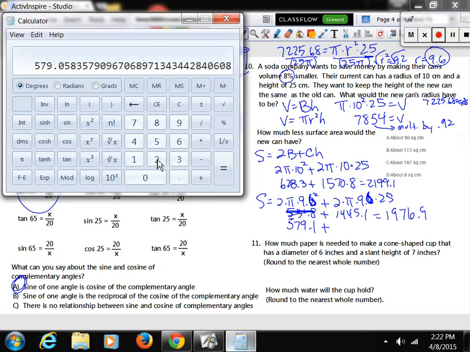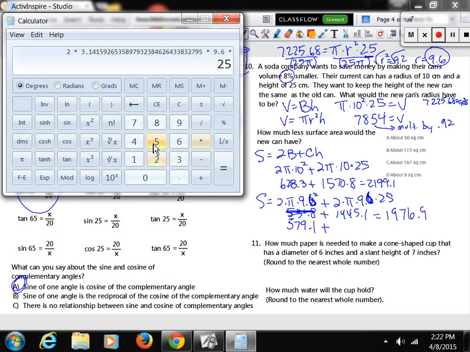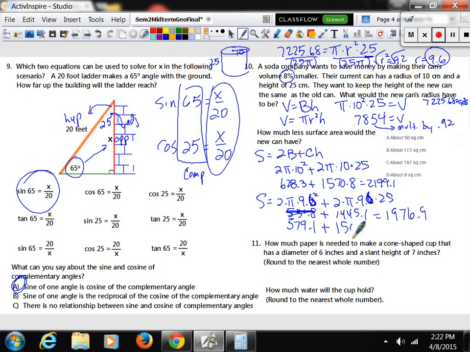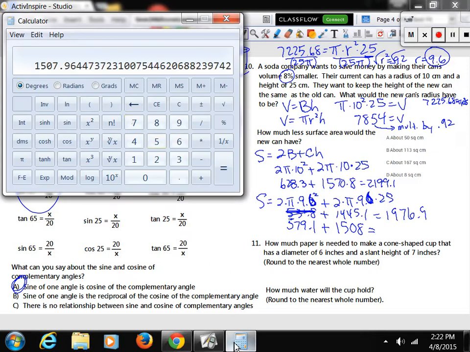And then we have 2 times pi times 9.6 times 25, 1507. Let's go 1508. So when we add those two together, 579.1 plus 1508, 2087.